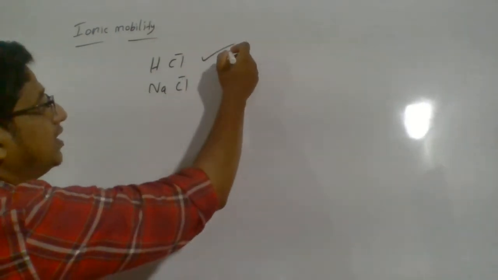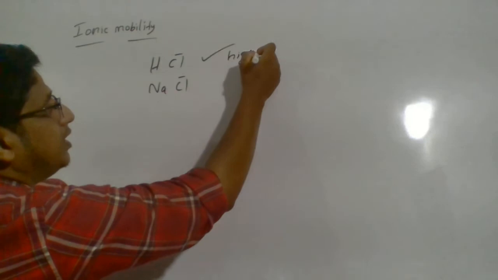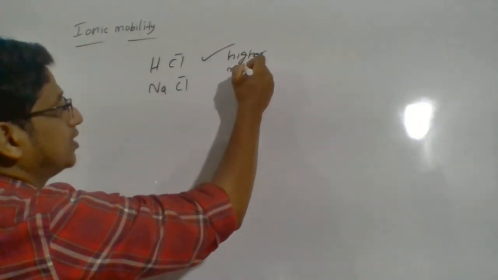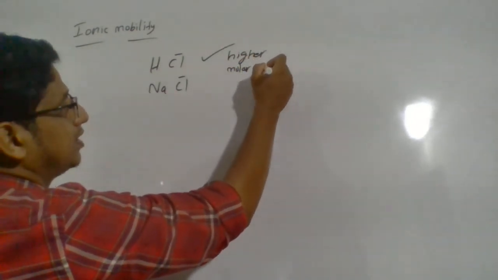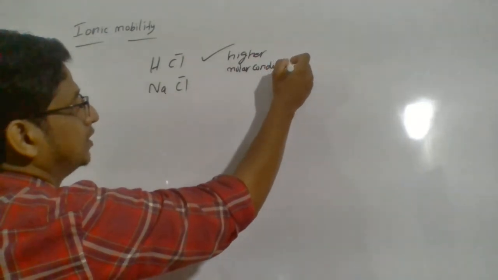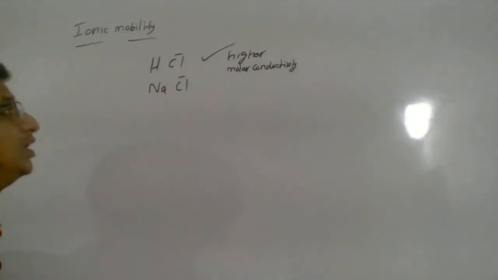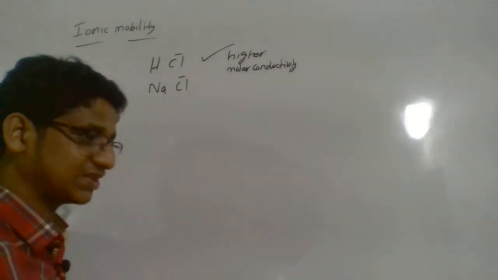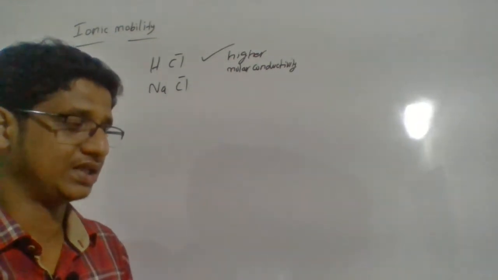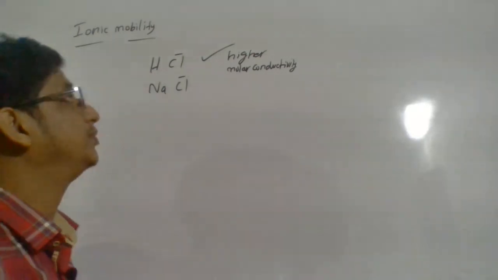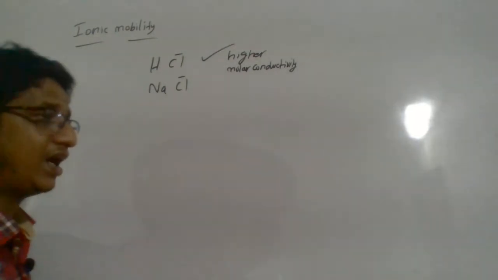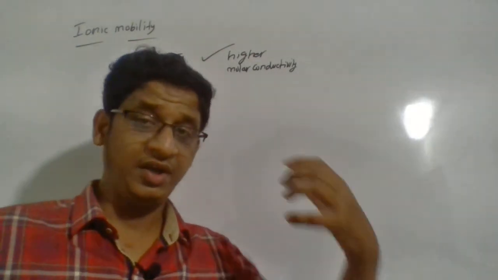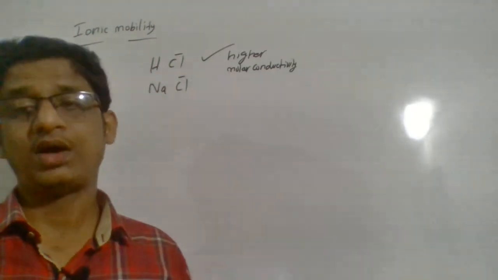It is observed that HCl has higher molar conductivity at infinite dilution compared to NaCl. That suggests that the H plus ion is smaller in size and has greater ionic mobility compared to the Na plus ion. Hence, they exhibit different molar conductivity.